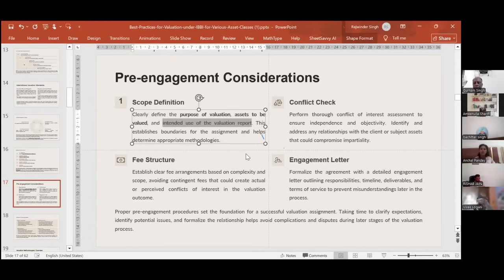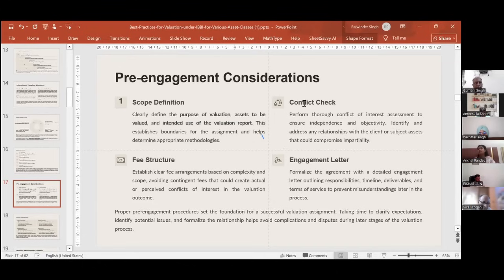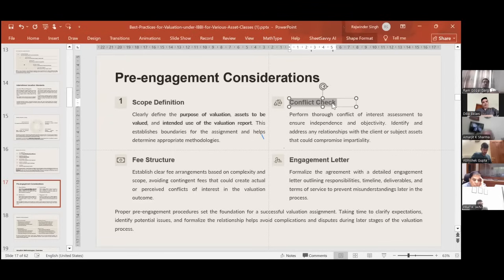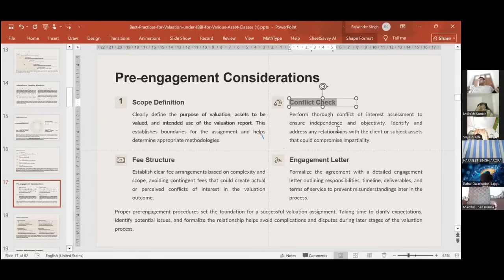And once these three things are determined, then the second part is you have to check conflict. You have to make a check on the conflict. So perform a thorough conflict of interest assessment to ensure independence and objectivity.